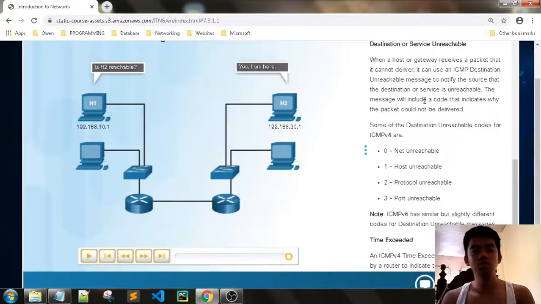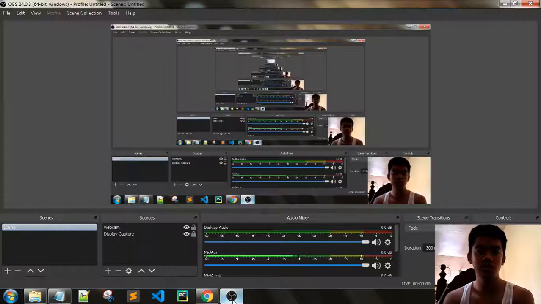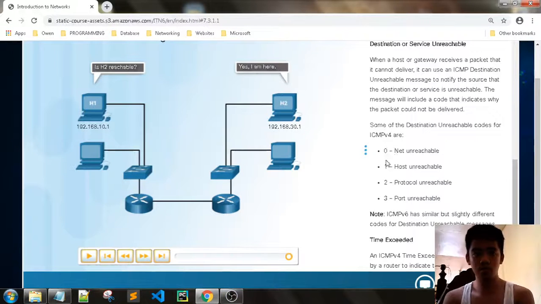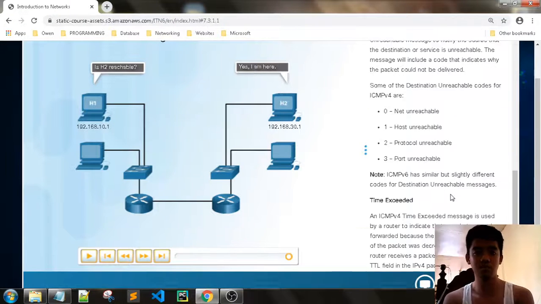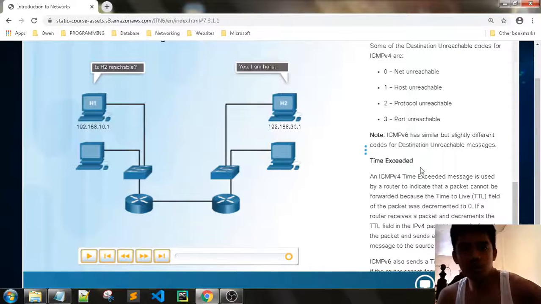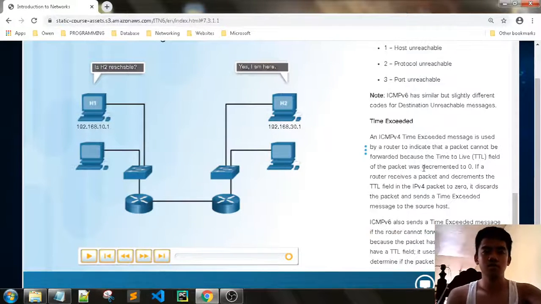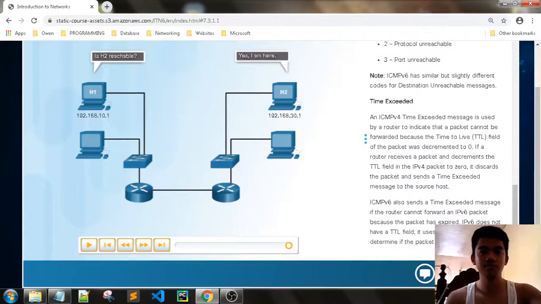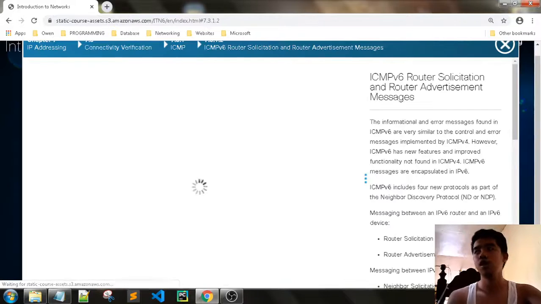It can also include a code that indicates why the packet could not be delivered: 0, 1, 2, 3, net, host, protocol or port unreachable. We also have time exceeded. If the TTL value has decremented to 0, the router will also use ICMP to notify the source node.